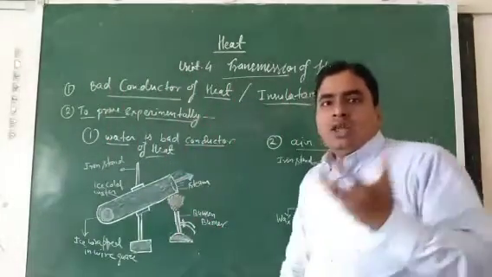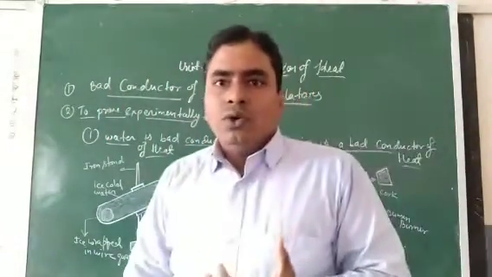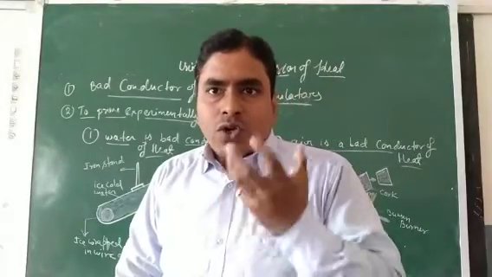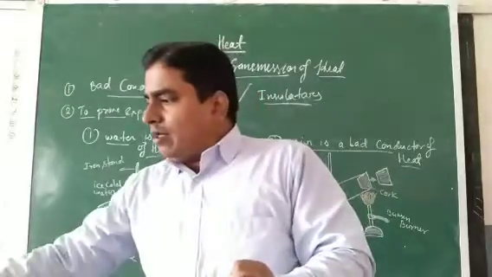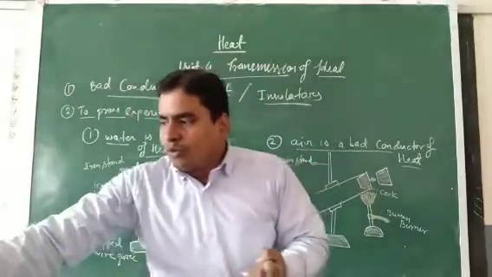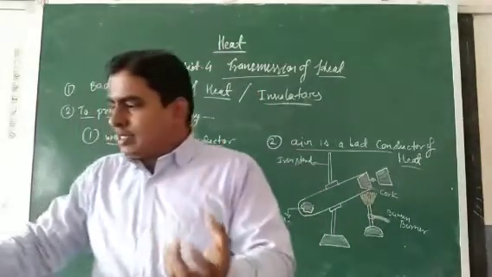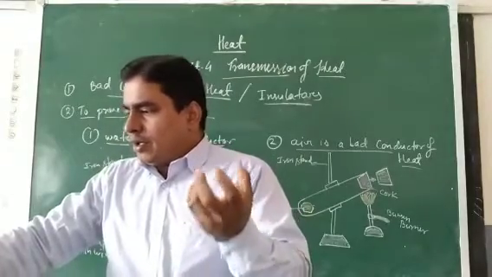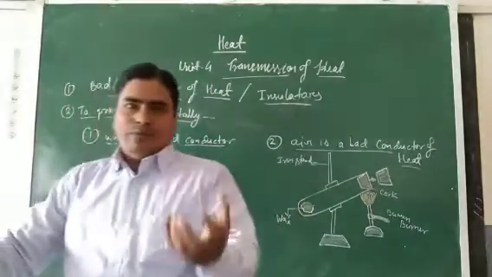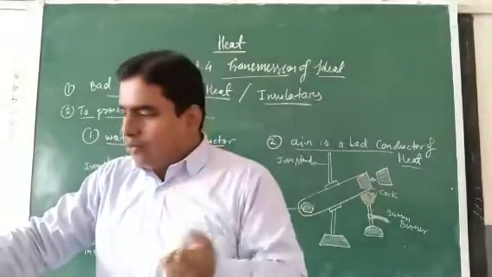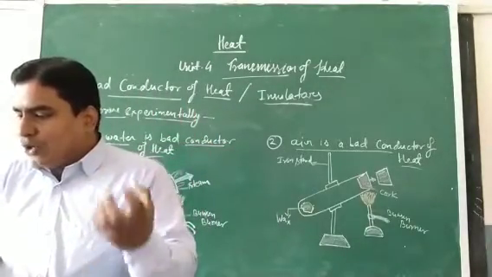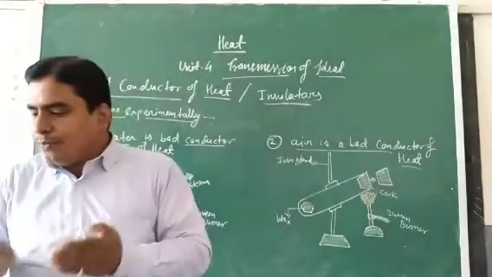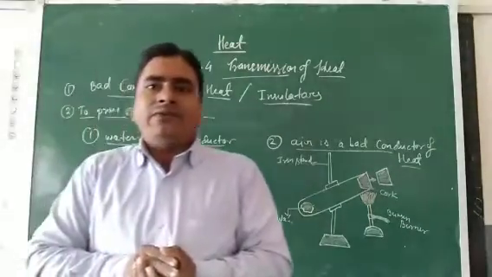For example, woolen cloth, cotton, glass, mica, and some others given in the book: asbestos, puff, polyurethane foam, ebonite rod, plastic, wood. These are some examples of bad conductors of heat.